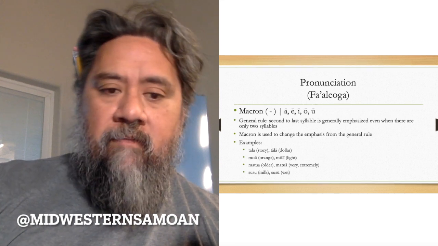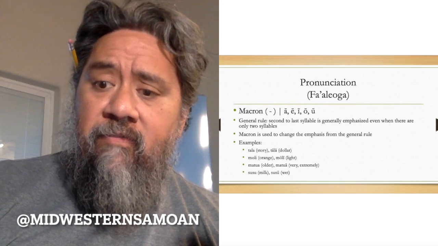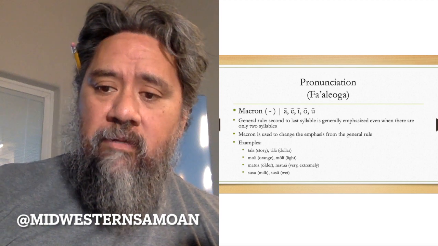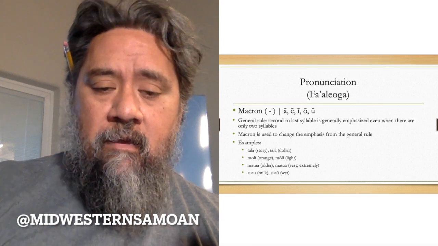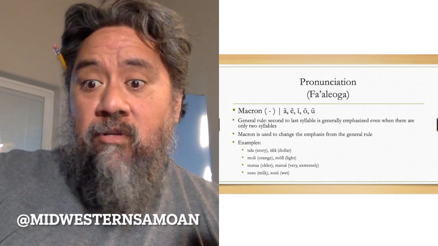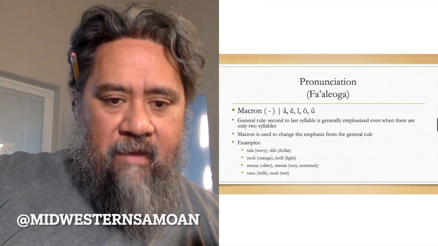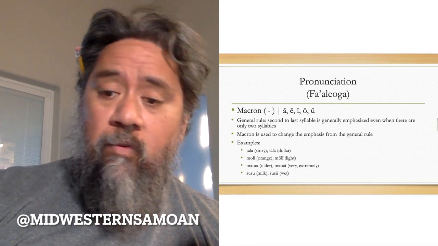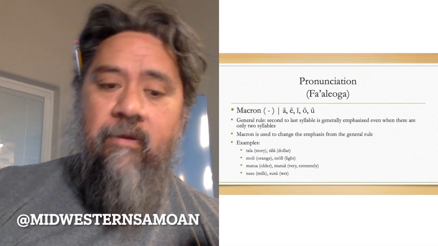The general rule is, whenever you see a word, if there's no fa'amamafa, then the second to the last syllable is the one you would generally emphasize. Even if there's only two syllables, you would emphasize the first syllable. I have an example here, and it'll change the meaning of a word completely. So that's something to remember.